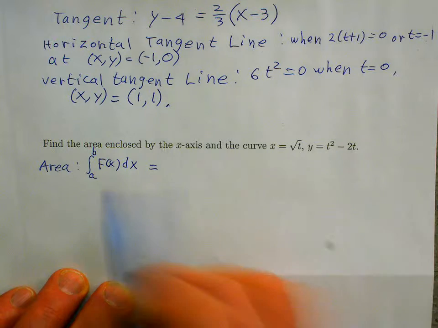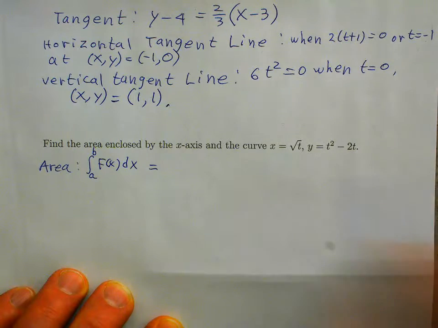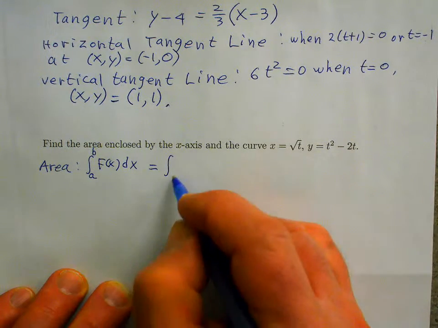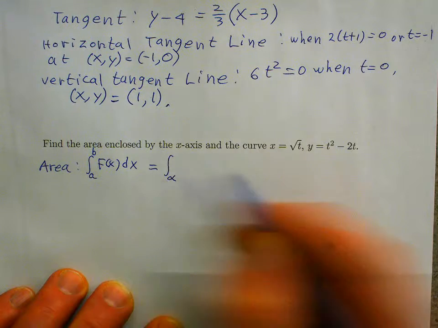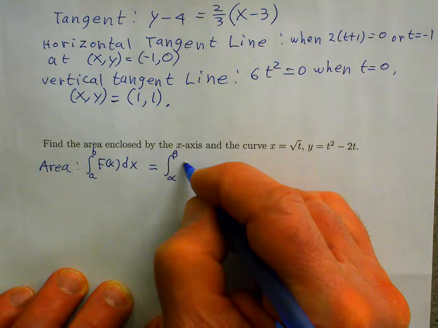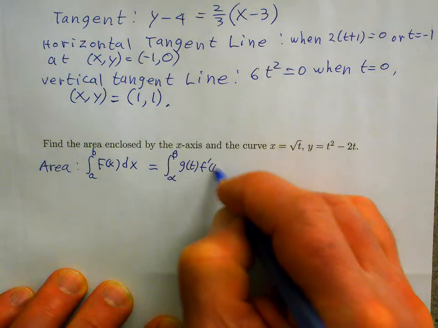But if this same function is parameterized by functions x and y as functions of t, then this can be transformed to the definite integral from alpha to beta of g of t times lowercase f prime of t dt.